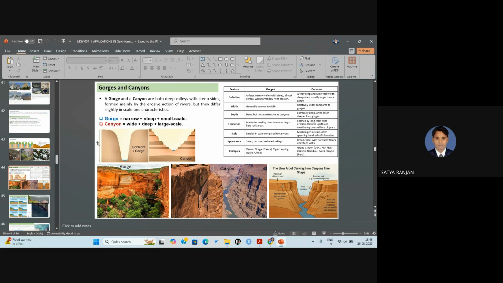Some examples of gorges are in France, and Tiger Leaping Gorge in China, and canyons, that is the Grand Canyon in the USA. It is 1 to 1.5 kilometers deep, and Fish River Canyon in Namibia and Colca Canyon in Peru. These are the famous canyons you can see in satellite images also.